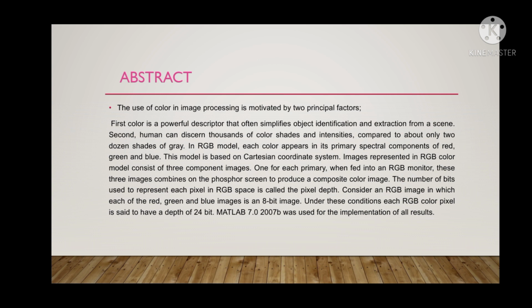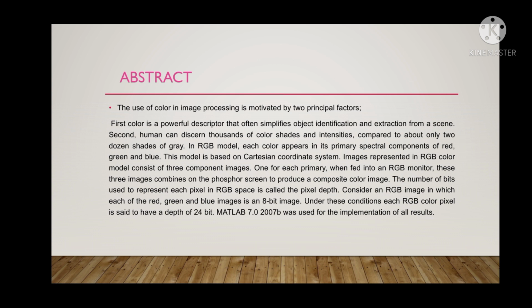The number of bits used to represent each pixel in RGB space is called the pixel depth. Consider an RGB image in which each of the red, green, and blue images is an 8-bit image.